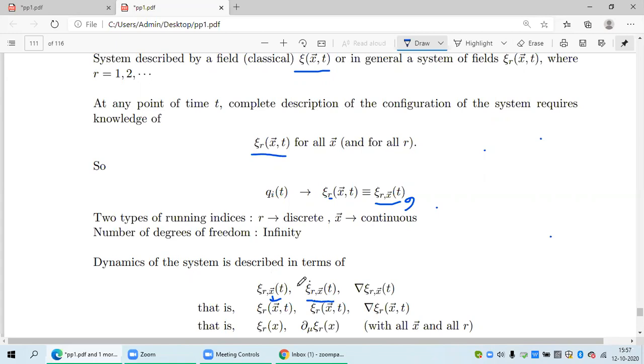But how much these differences are as you change X depends on how the function depends on X. Clear?